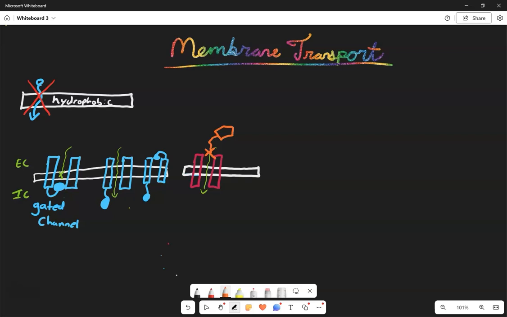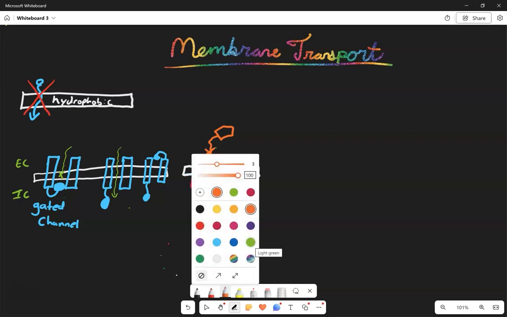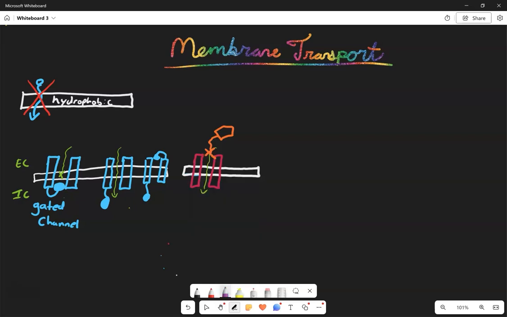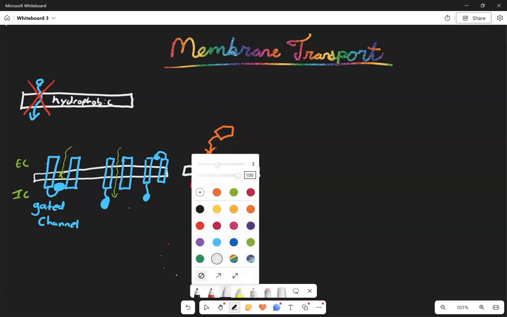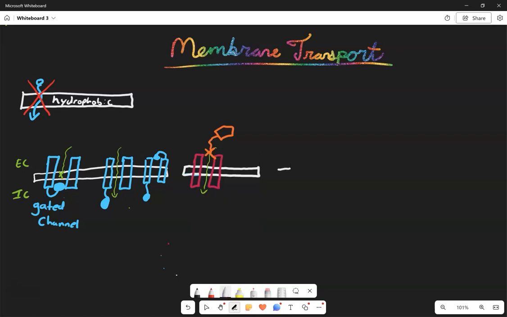Now, some of these can be membrane transporters that act as carriers. Carriers work a little bit differently. Let's draw another membrane so I have a little more room to work with here.